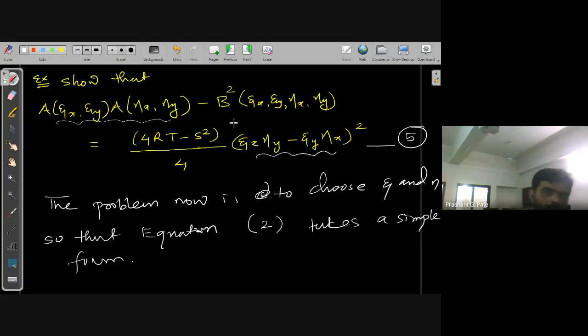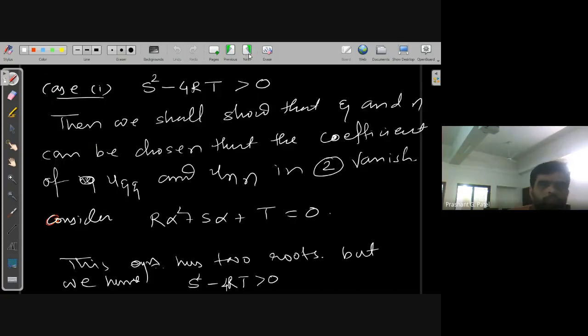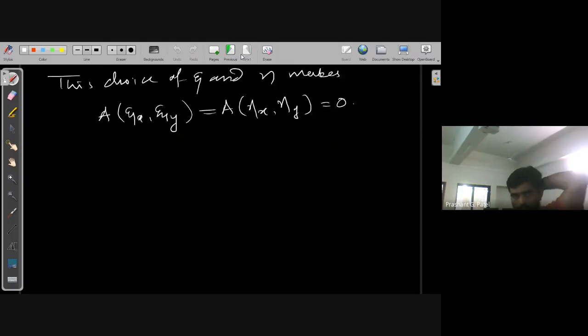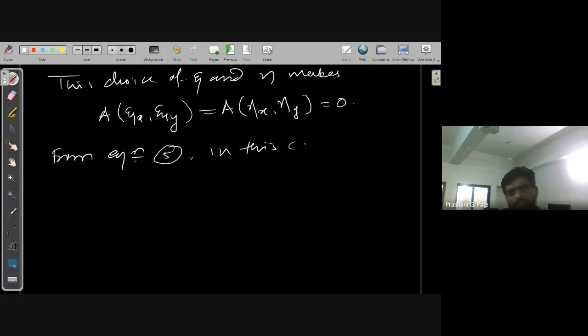Hence the equation is reduced to, so I can say that from equation 5, in this case, b square is strictly positive. That means b is non-zero.